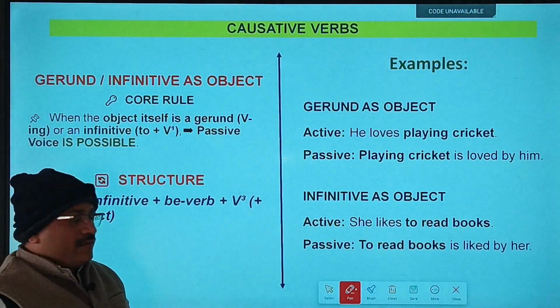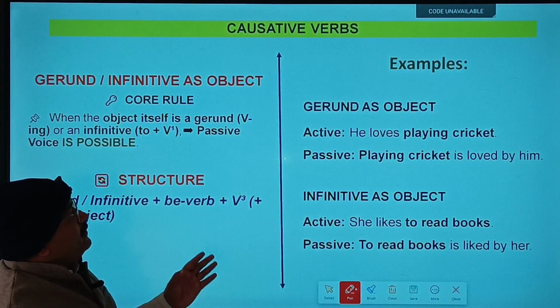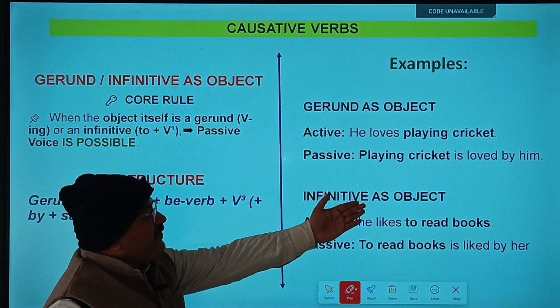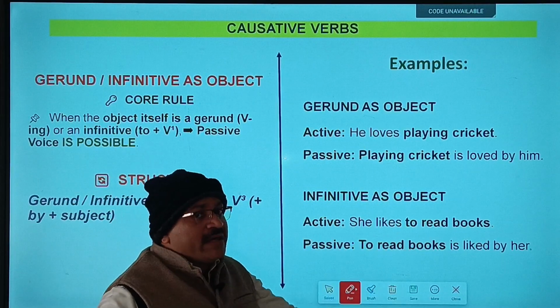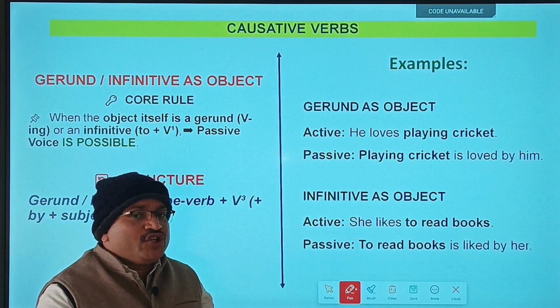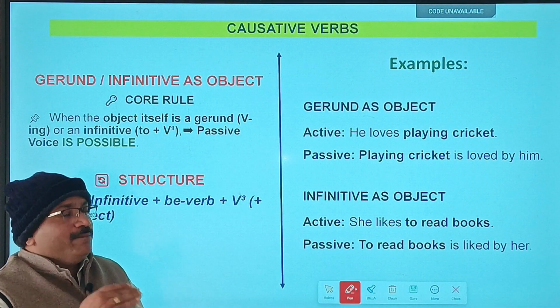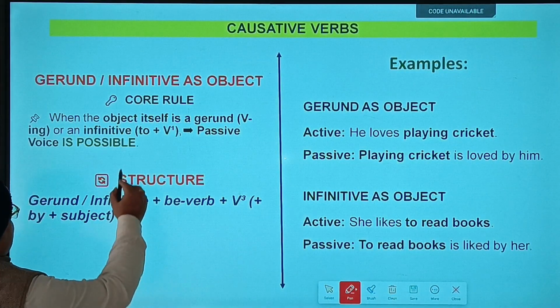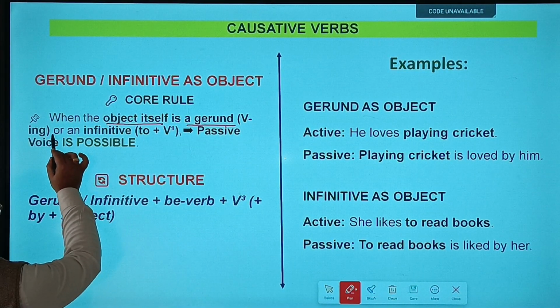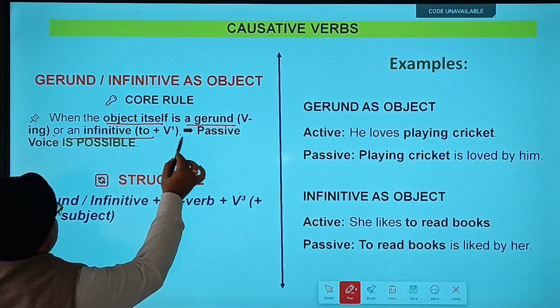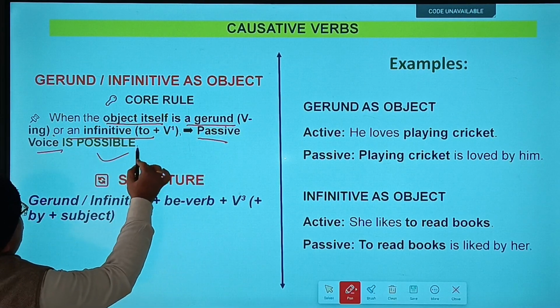Now, the next one we have is gerund and infinitive as object. When a gerund is the object or an infinitive is the object, how do we change such a sentence into passive voice? When the object itself is a gerund or an infinitive, then passive voice is possible.